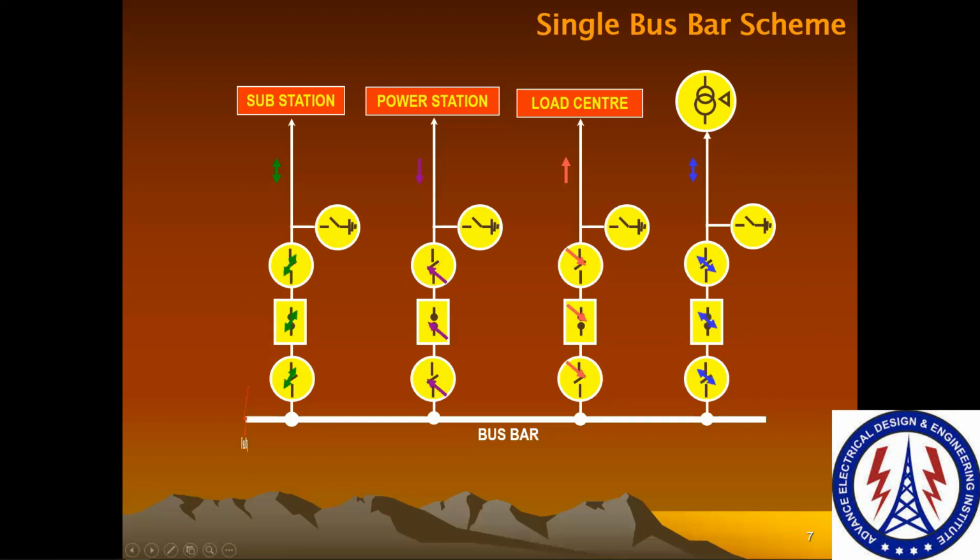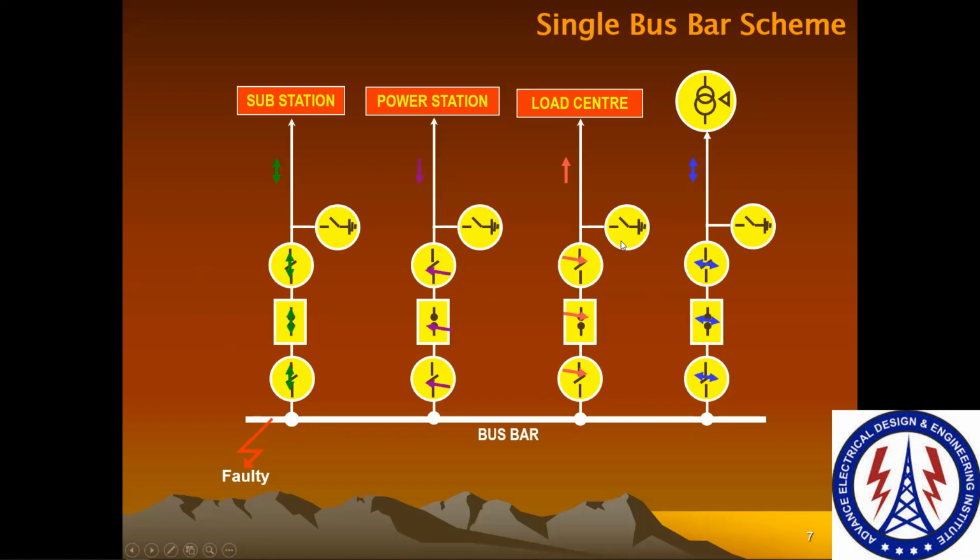Correct. When we clear the fault, the system is again healthy. And then suppose we have a fault on the bus. It means when there is a fault on a bus, all the feeders will be interrupted because this fault will be fed to every feeder, so all circuit breakers will trip. So in this way, you can see that in a single bus bar scheme, when a fault happens, the complete supply of your substation will be interrupted.